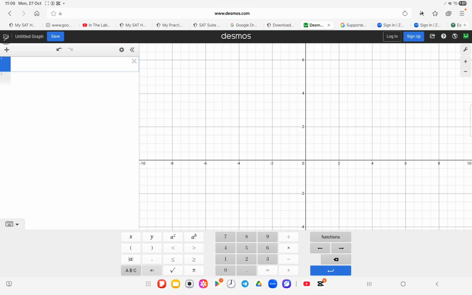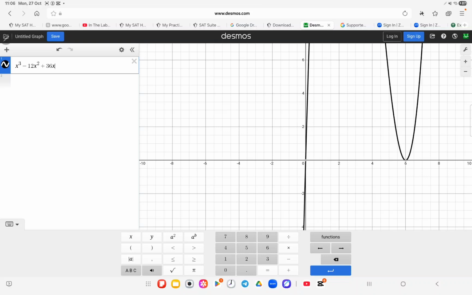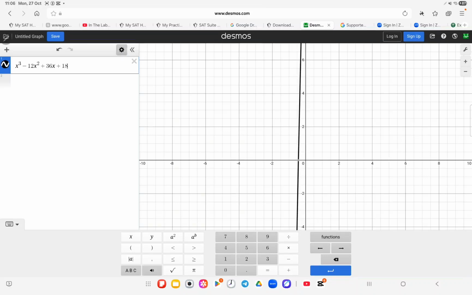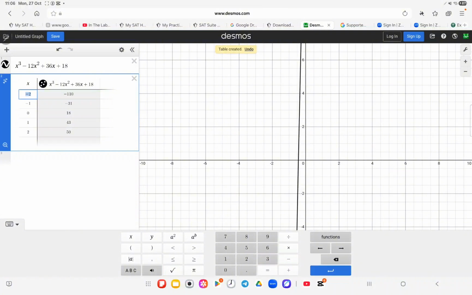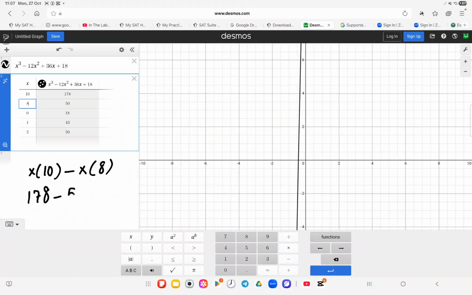So assuming that a calculator is allowed, I'll put my equation here. x cubed minus 12x squared plus 36x plus 18. I'll come here on the sign and I'll be putting a table. And I'll ask it for the x of 10. It's 178, and the x of 8, which is 50. So now x of 10 minus x of 8, that basically means 178 minus 50, and I'll be getting 128 as my answer.